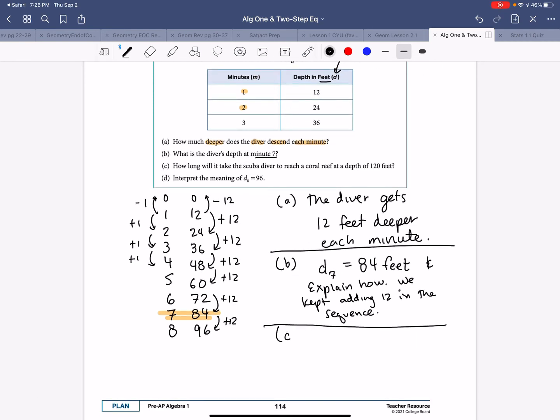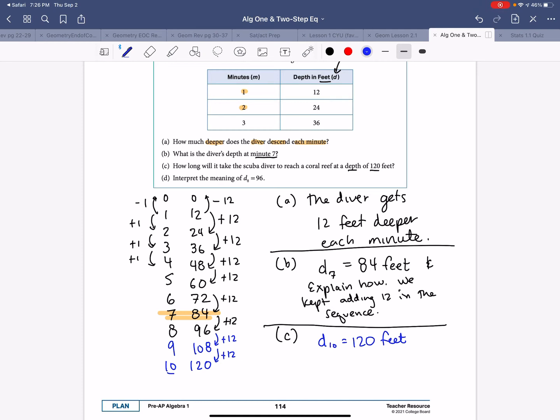So part C says, how long will it take the scuba diver to reach a depth of 120? So we have not reached a depth of 120. We'd have to keep going, right? Plus 12. Not there yet, so add another 12. Ooh, I got to 120. So it looks like at minute 10 the depth is 120.